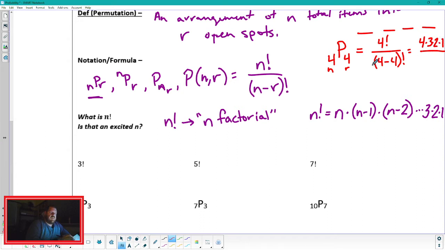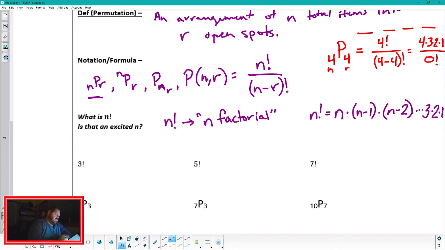But as we figure this part out, 4 minus 4 is 0. So what is 0 factorial? And we would always want to say, well, 0 factorial is 0. It's kind of the way we think of it.